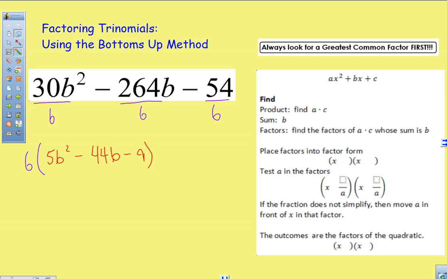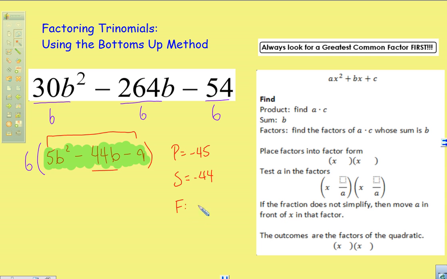Alright, so we're at the spot now where we've pulled out our greatest common factor. We're ready to roll. We need to move one step forward, and so we're going to do our bottoms up to that guy right there. So we take our product, which is going to be equal to negative 45. We take our sum, which is going to be equal to negative 44, and we say, okay, what are our factors? So 45.